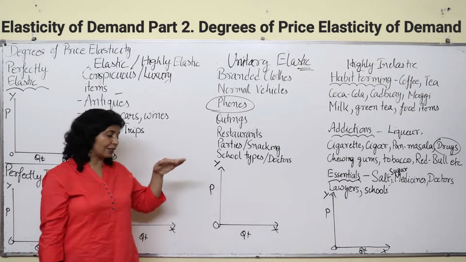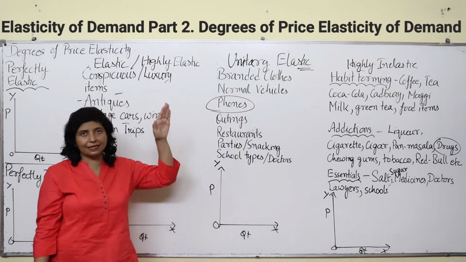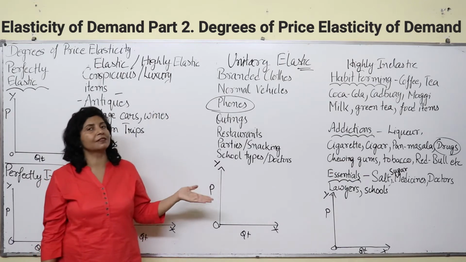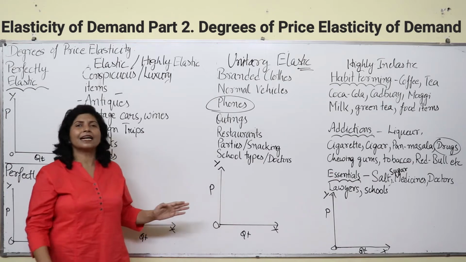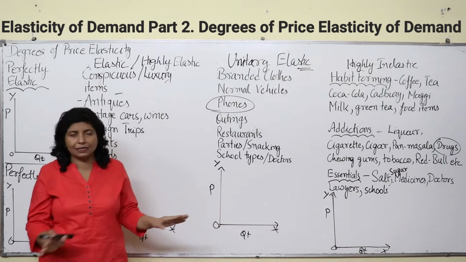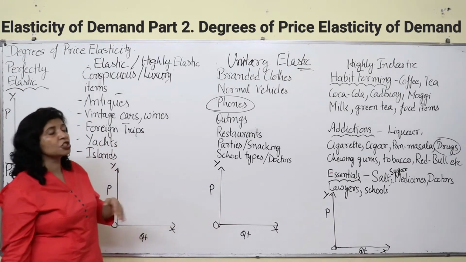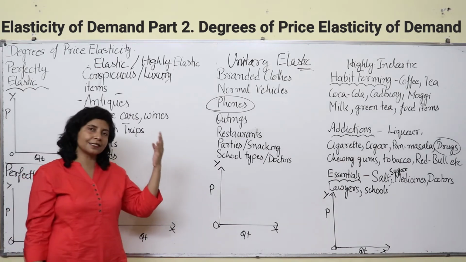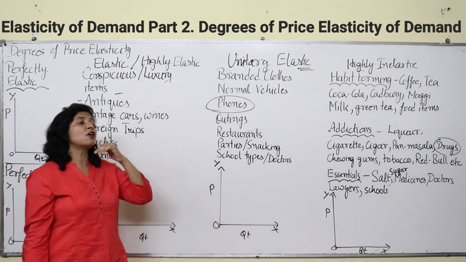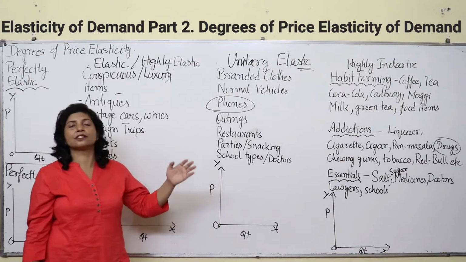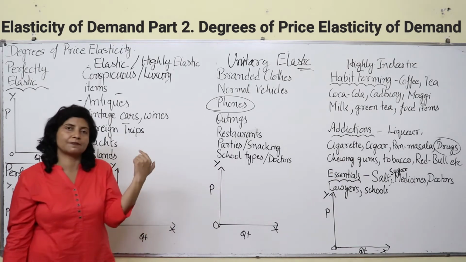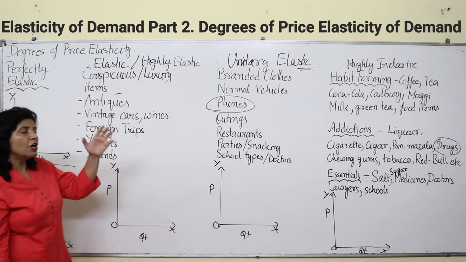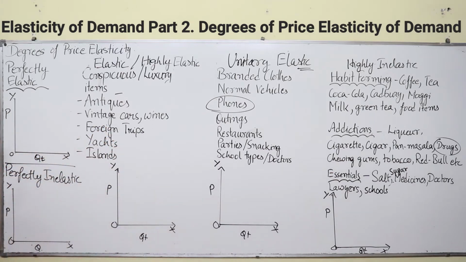But if on the other hand its price decreases, we will also consume the same amount only. That means it is not price sensitive, it's not flexible at all. So the demand that is not flexible to changes in price, or not responsive to changes in price, is known as what? Inelastic. We have explained this thing in our previous video. So let's continue this topic once again and discuss the degrees of price elasticity.